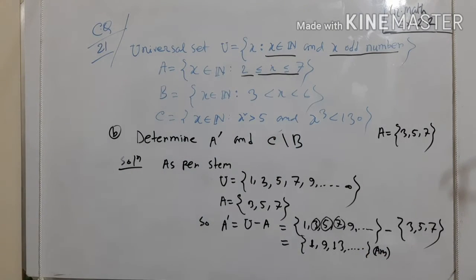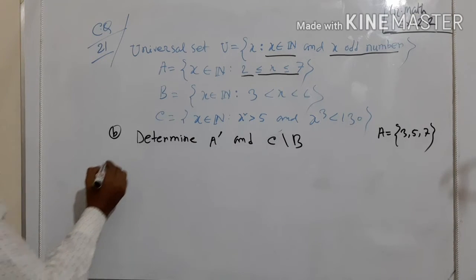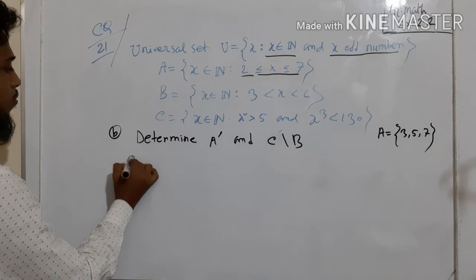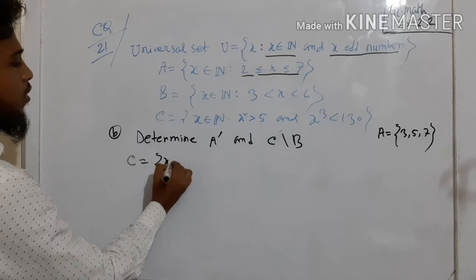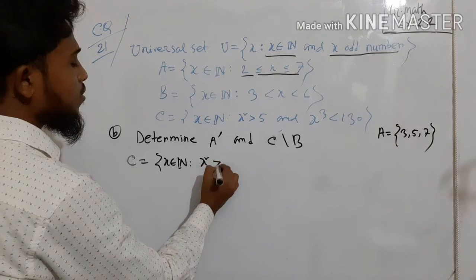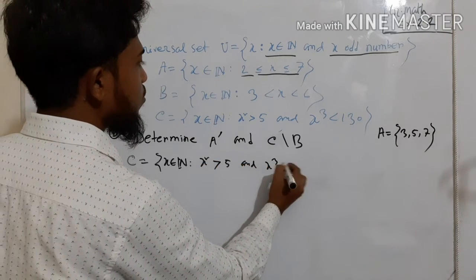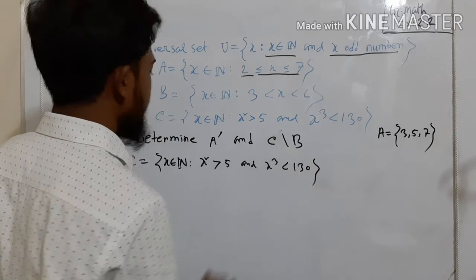Now we have to find C set and B set, then C minus B. Now look, C equal to {x is in natural number such that x square is greater than 5 and x cube is less than 130}.